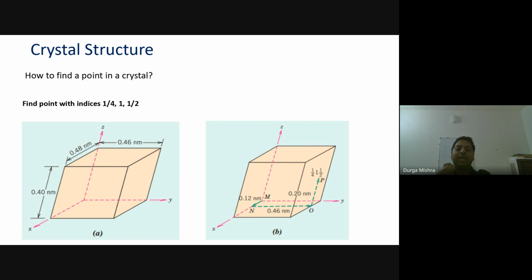So this is a coordinate of a point on this unit cell. This is how you can find any point in the crystal, by defining the coordinate of a point in this unit cell along the axes.